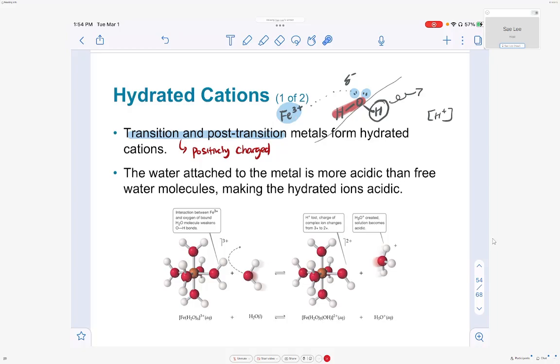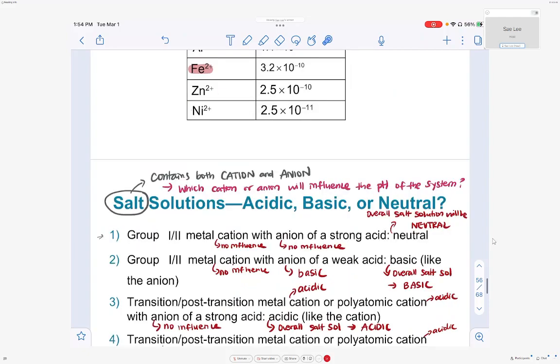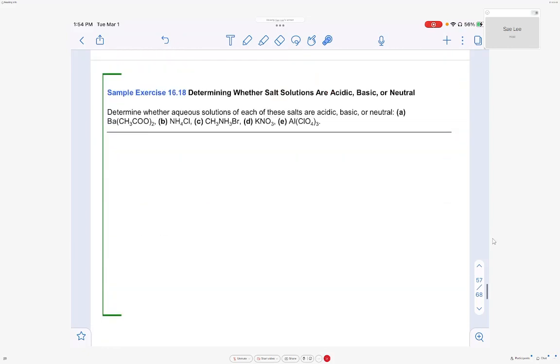So the water molecules are going to come close, close, close to this iron, and eventually a hydrogen falls off. If hydrogen falls off and increases proton concentration, did this act as an acid or base? Acid, right? Because it increases the proton concentration. So transition and post-transition metals are going to be acidic in water. They're going to make the solution acidic.